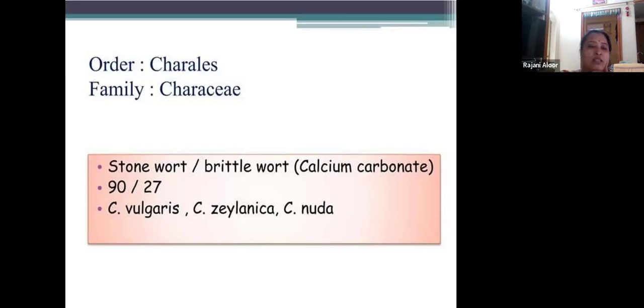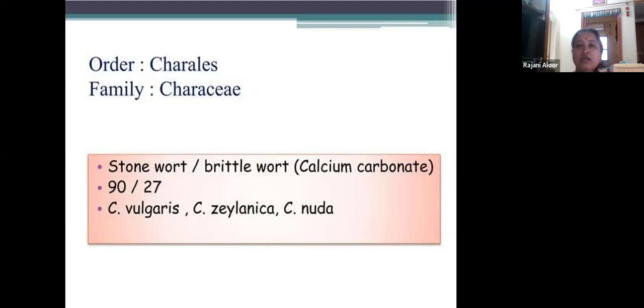Okay, where is the occurrence? Before that, in my PPT some words are there, no? Stonewort, brittlewort. What are these names? Very important: in Volvox and Oedogonium, the cell wall is made up of cellulose.